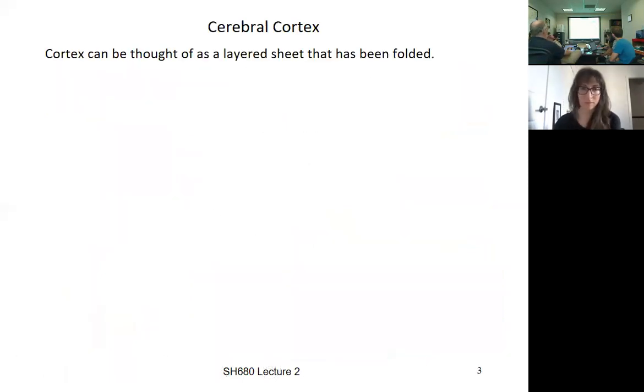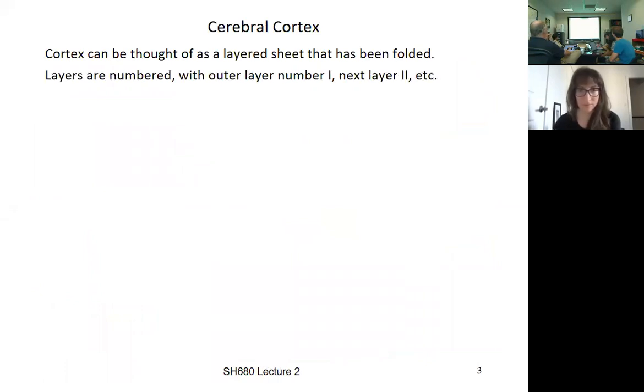All right, so cerebral cortex, as I mentioned, can be thought of as a layered sheet that has been folded up. The layers are numbered, and in neocortex, there are 6 layers. The outermost layer is layer 1, and the deepest is layer 6. In these layers, there are different makeups of cell types.